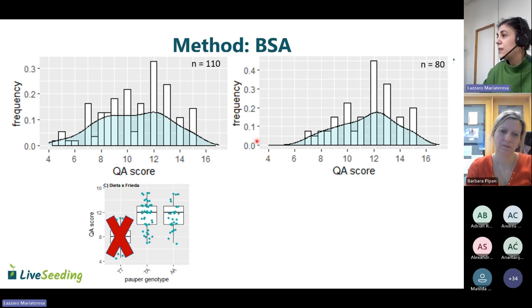So you see that the lowest value is a bit higher, because pauper is the determinant which gives the strongest reduction.